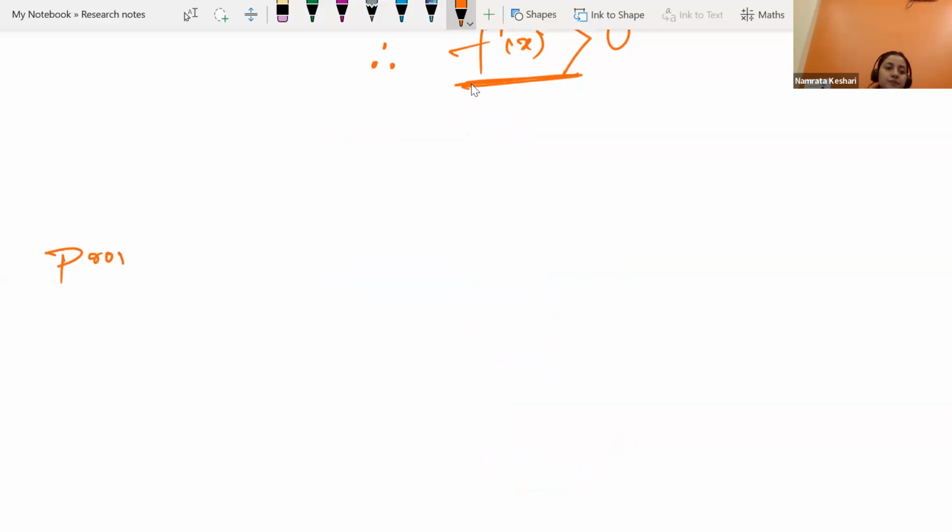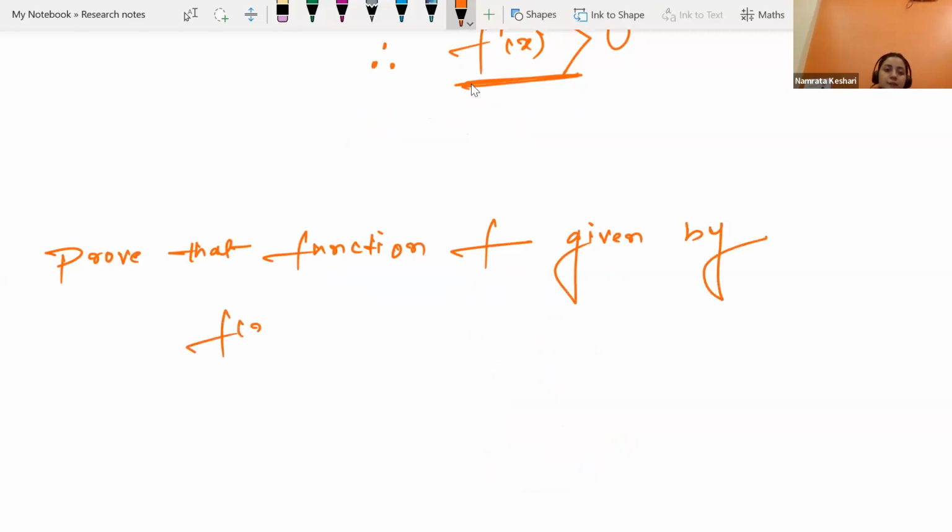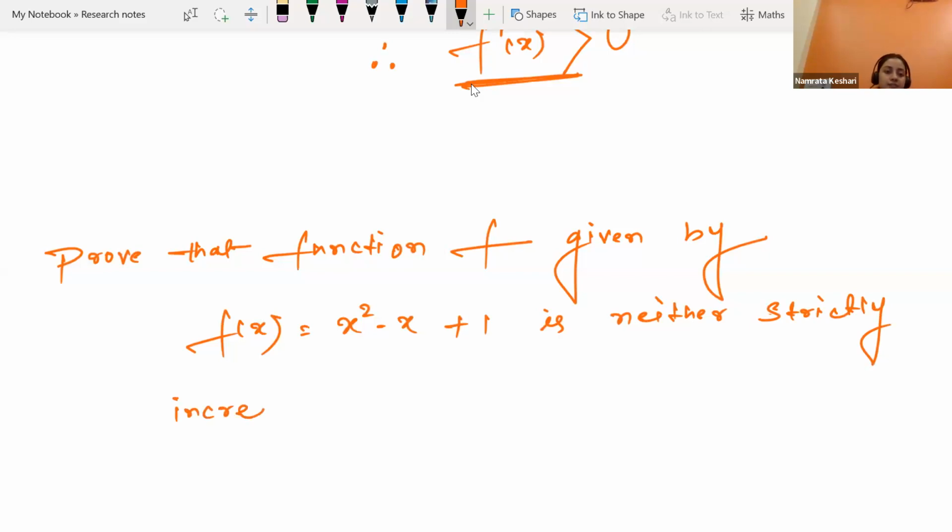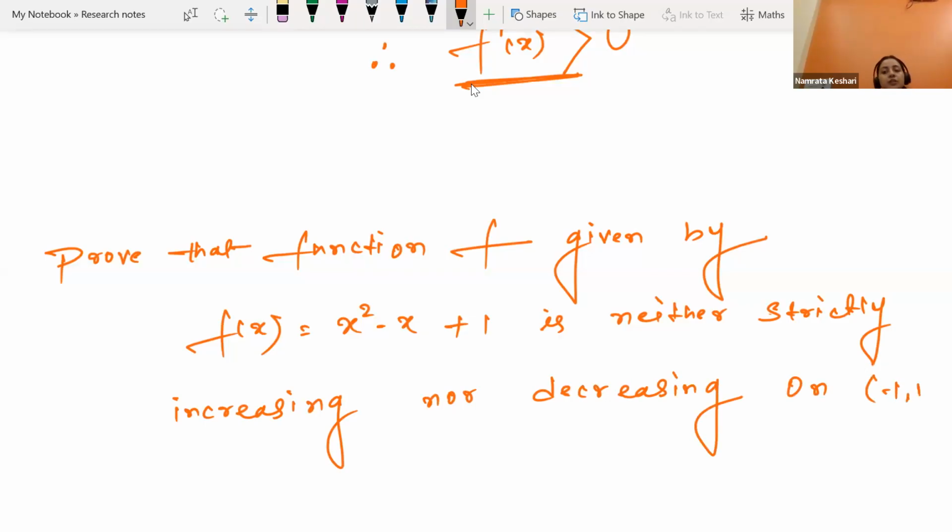Prove that function f of x is equals to x square minus x plus 1 is either strictly increasing or strictly decreasing in the given interval.